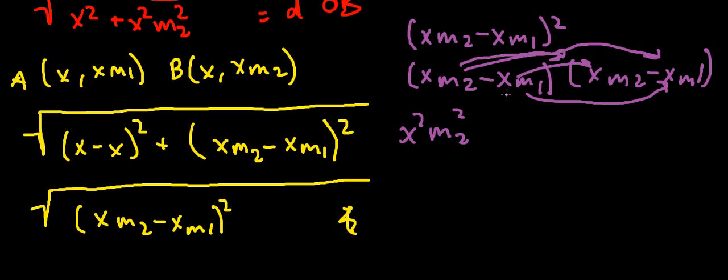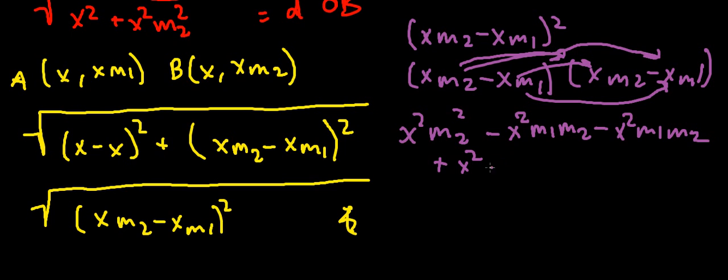Then xM2 times minus xM1 is minus x squared M1 M2, and we get the same thing again with minus xM1 times xM2, so minus x squared M1 M2. And then minus xM1 times minus xM1 is positive x squared M1 squared. So all of this is going to go under our radical.